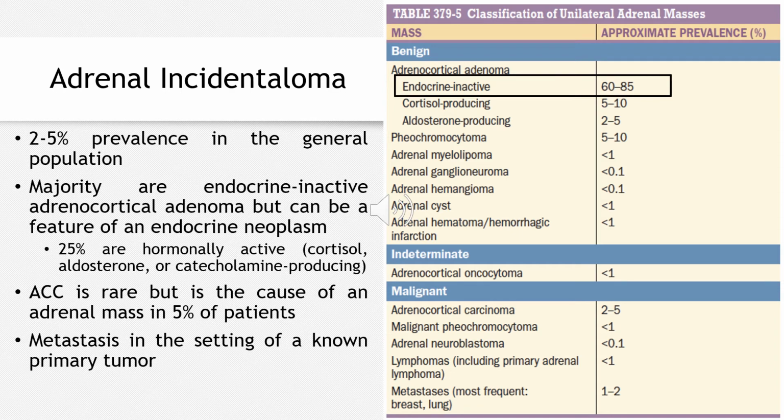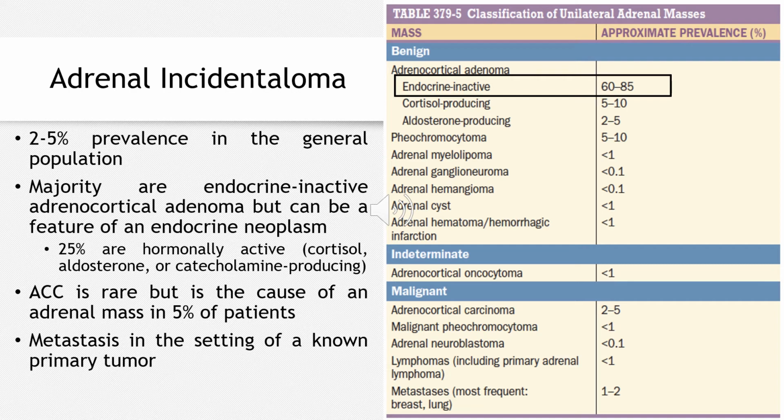Incidentally discovered adrenal masses, commonly termed adrenal incidentalomas, are common, with a prevalence of 2 to 5% in the general population as documented in CT scan and autopsy series.